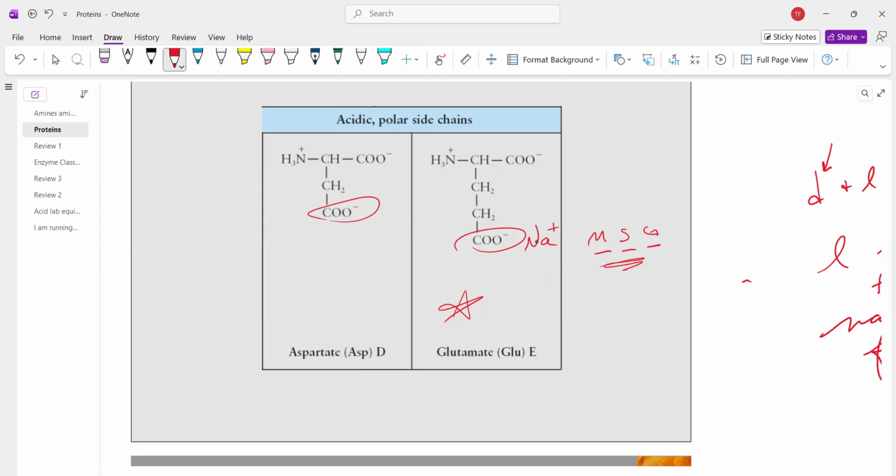Now the natural form is L glutamate. When you buy MSG at the store, it is DL glutamate.